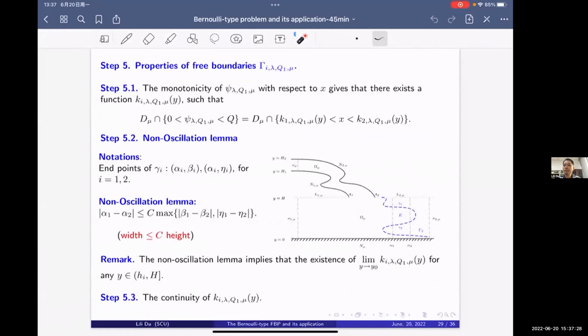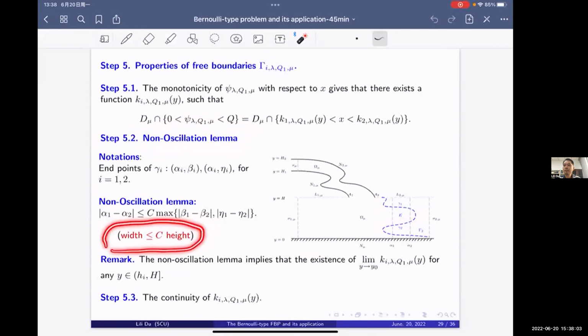Next, we will consider the properties of the free boundaries in the truncated domain. One important thing is the following non-oscillation lemma. The non-oscillation lemma implies that if we consider this part of the free boundary, the width of the free boundary is less than c times the height.